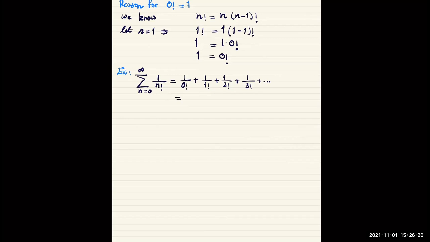Okay, so if I write this out, 1 over 0 factorial is 1, 1 over 1 factorial is 1 again, 1 over 2 factorial is 1/2, 1 over 3 factorial is 1/6. The next one would be 1 over 4 factorial, and 4 factorial is 4 times 3 times 2 times 1, which is 24, and so on.